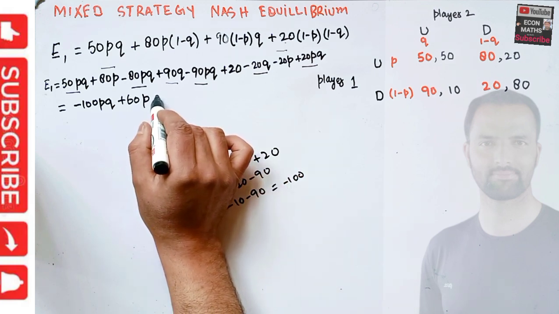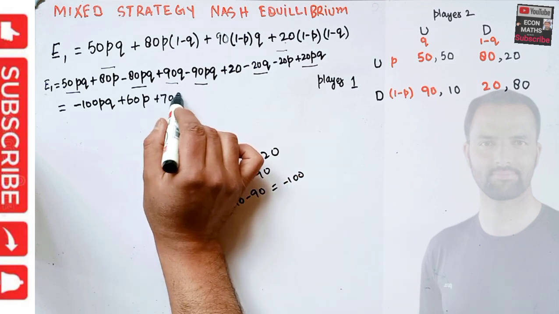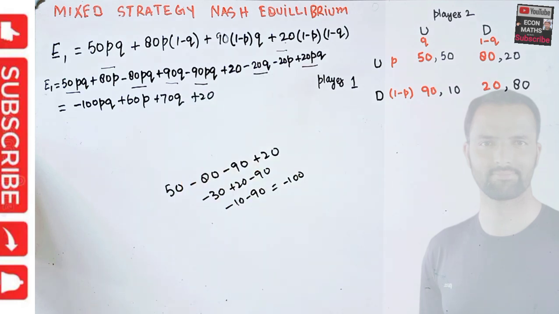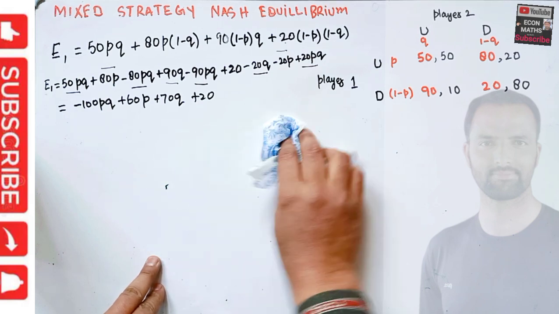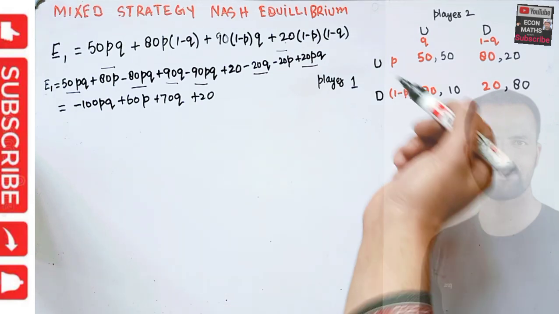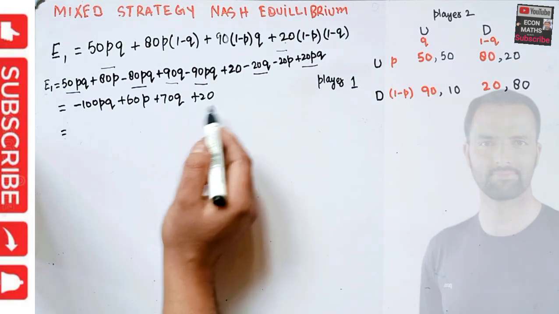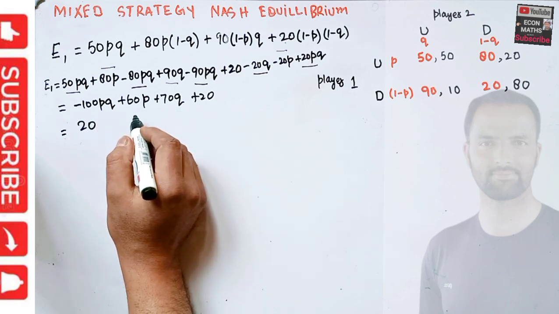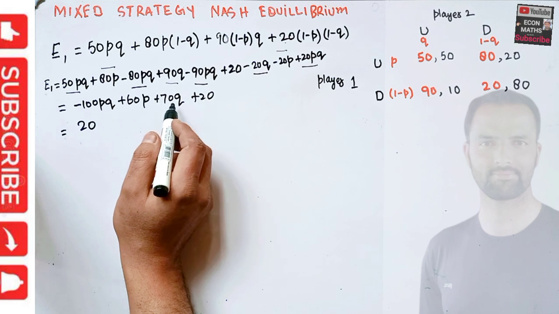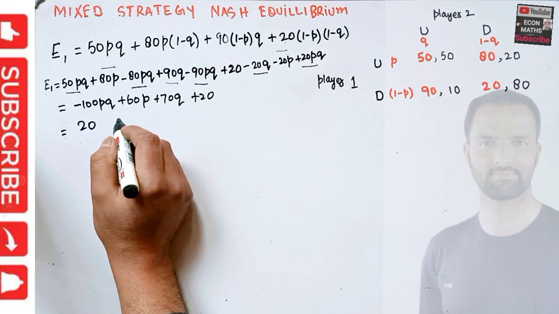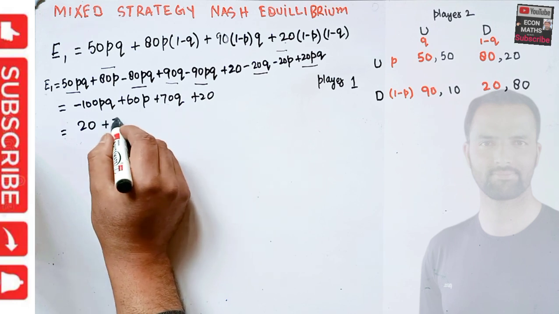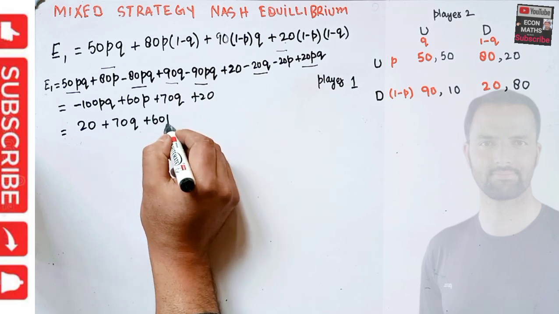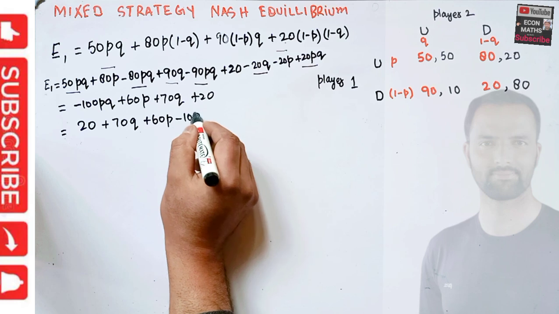So we have plus 70q, and obviously we have this plus 20 as a constant. So we can write it like this: 20 plus 70q, then 60p minus 100pq.